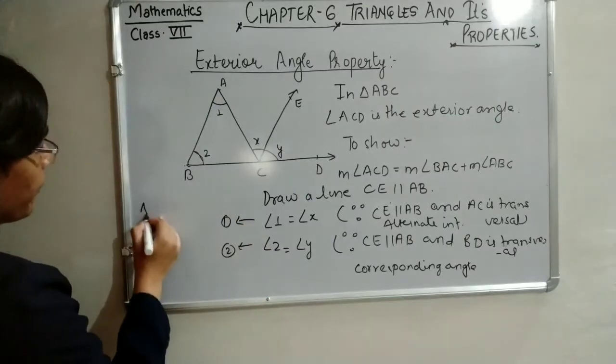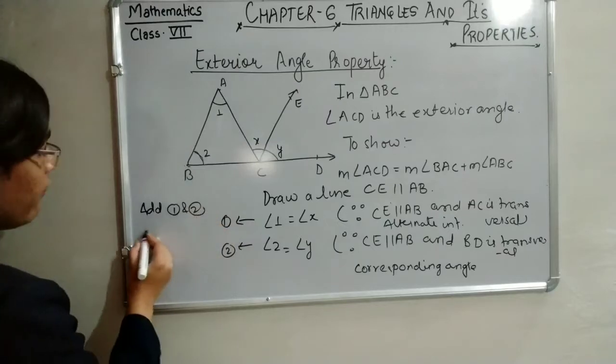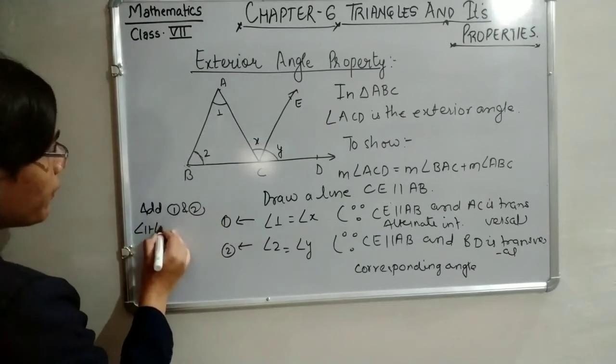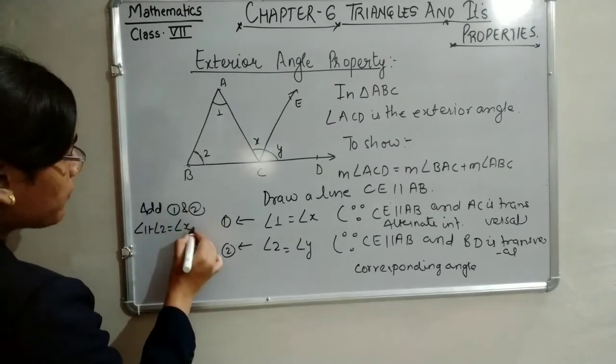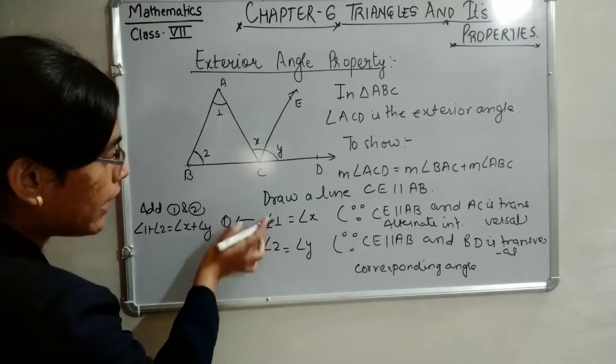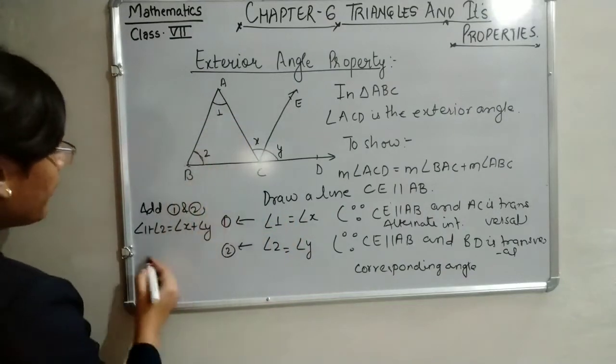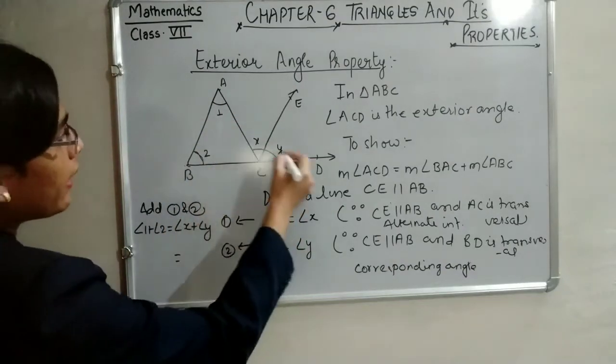So adding 1 and 2, we have angle 1 plus angle 2 is equal to angle X plus angle Y. We add both the LHS parts and both the RHS parts.